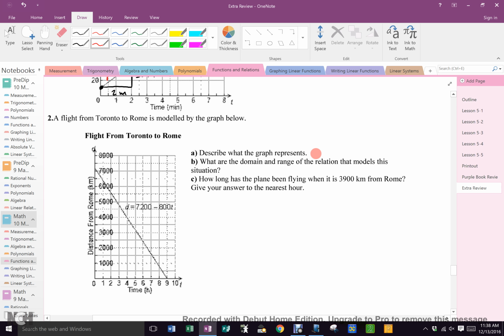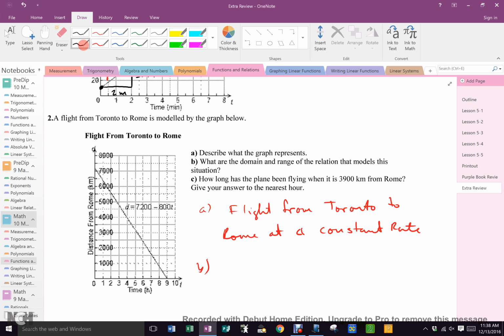The graph represents a flight from Toronto to Rome at a constant rate. It's A, B, the domain 0 to 9 inclusive, and it's all real numbers.